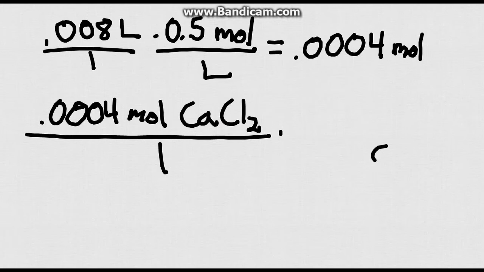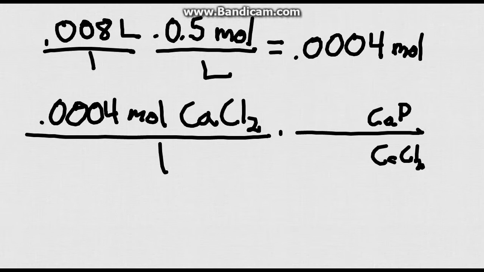So whatever we do, we're going to want calcium chloride on the bottom so that it cancels out, and calcium phosphate on the top. I'll just put CAP, and basically what that's going to allow us to happen is for moles of calcium chloride to cancel out with, I forgot to write moles, but with moles of calcium chloride on the bottom, and that way it leaves us with moles of calcium phosphate.